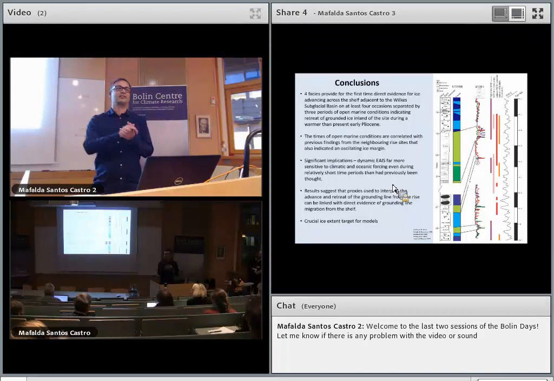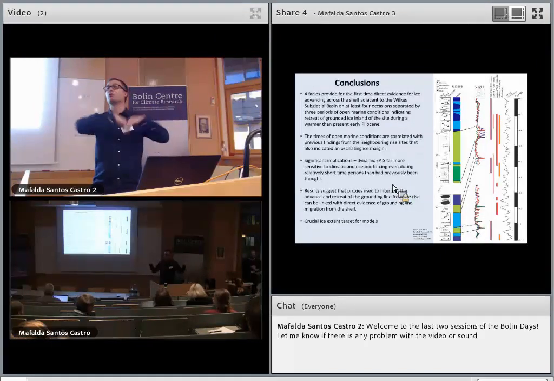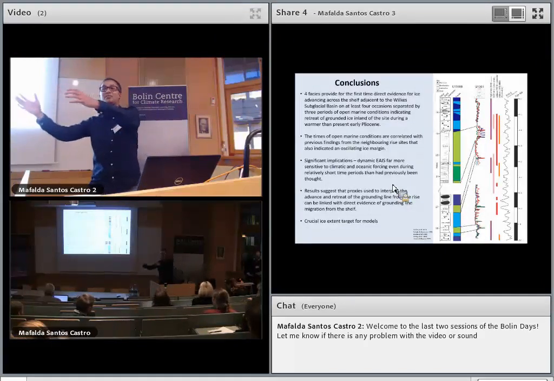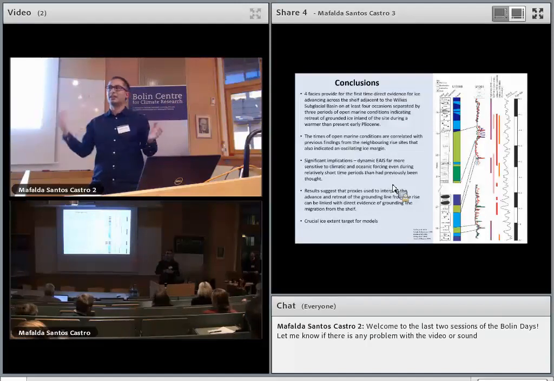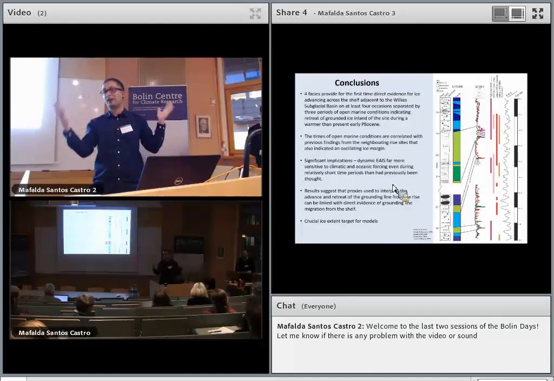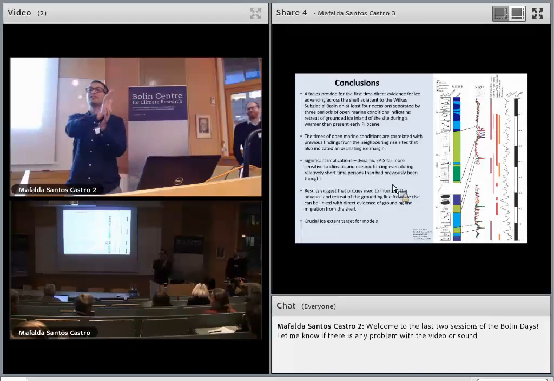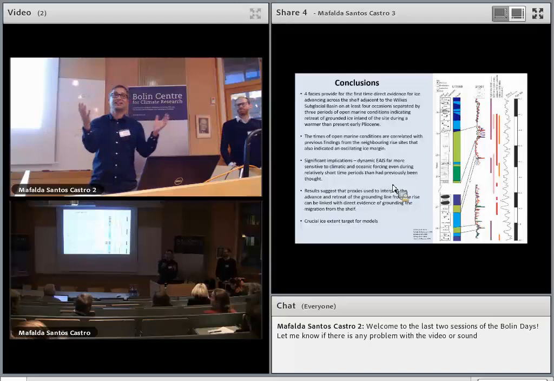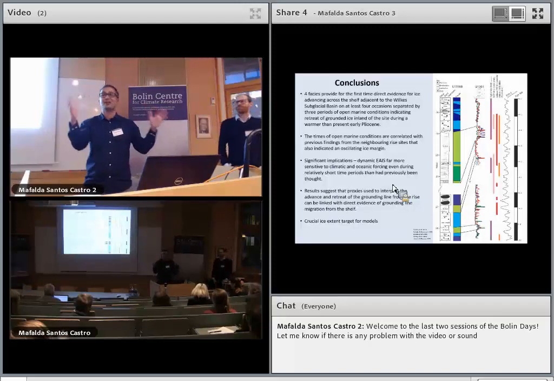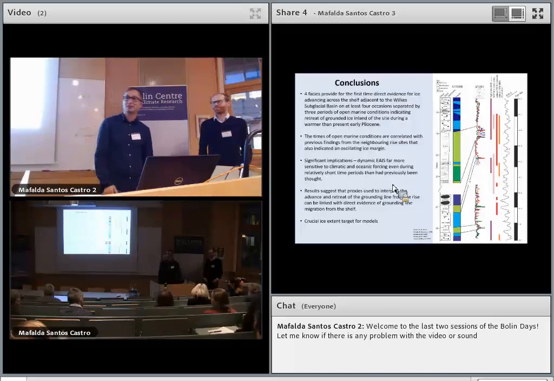So it's not necessarily a case of warmer climate causing just collapse into the basins, but it's quite clear that even in these warm Pliocene periods, you've also had the ice sheet advancing right or very close to the shelf edge, which really suggests it's dynamic like we see in the Quaternary. It's very dynamic, even during Pliocene times.